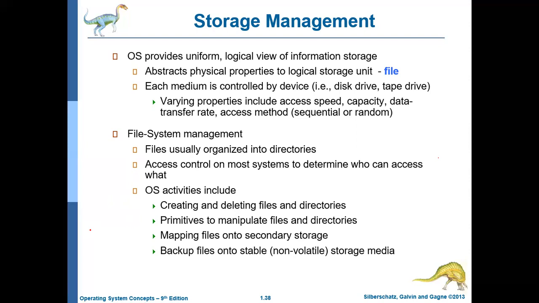When multiple users have access to a file, it may be desirable to control which user may access the file and how. This will be controlled by the operating system. So as a part of file management, the operating system performs all these tasks.